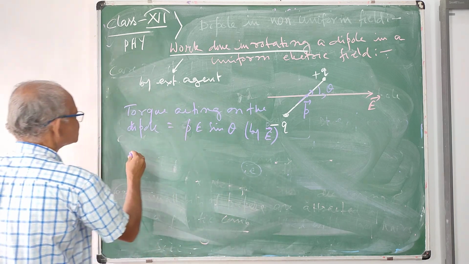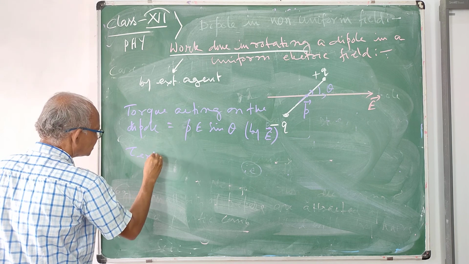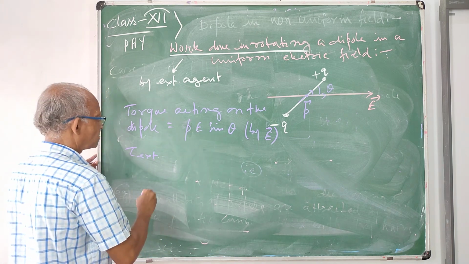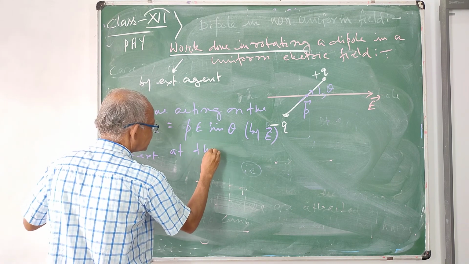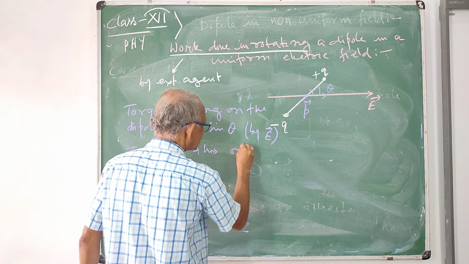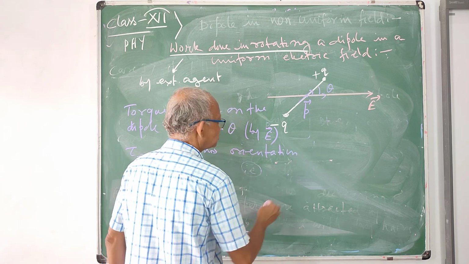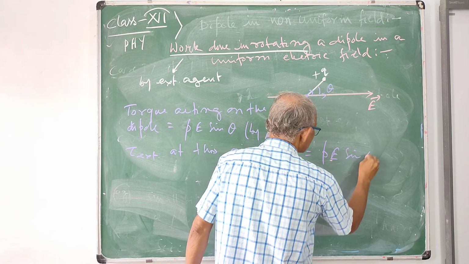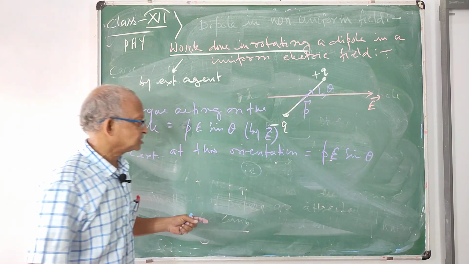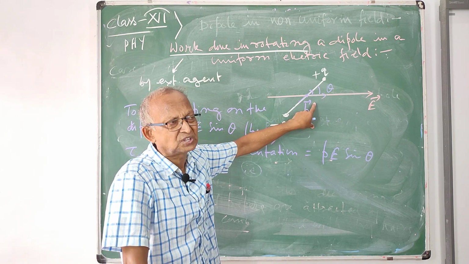So the external torque at this orientation is also equal to P E sin theta. You check this. If we remove this external torque, then the dipole gets aligned with the field.